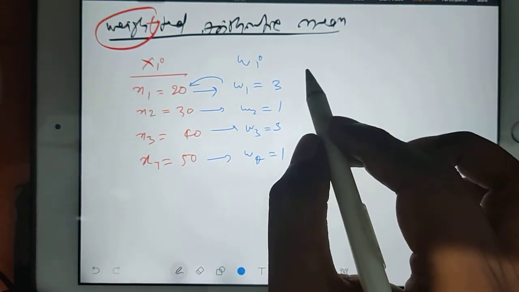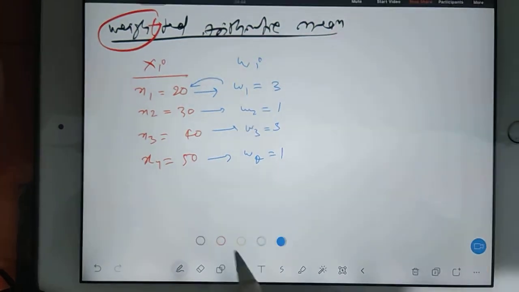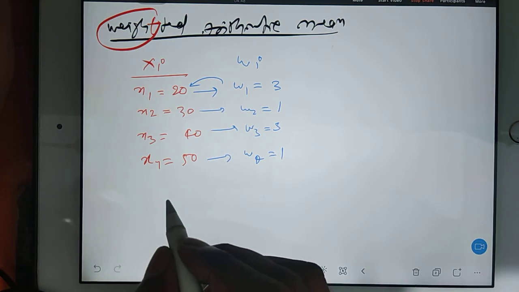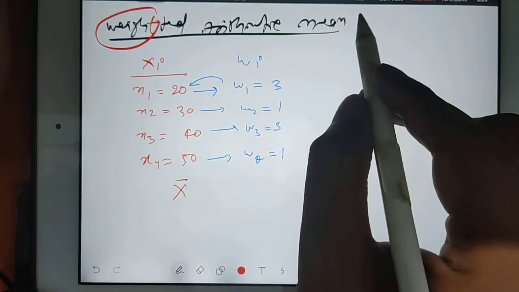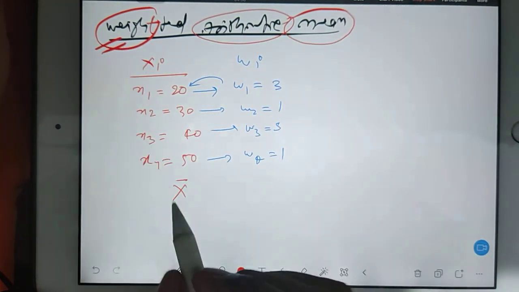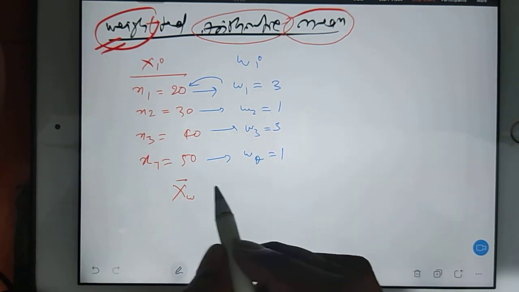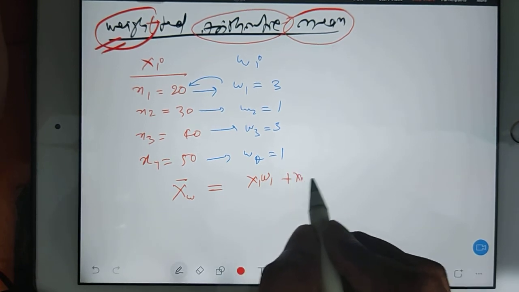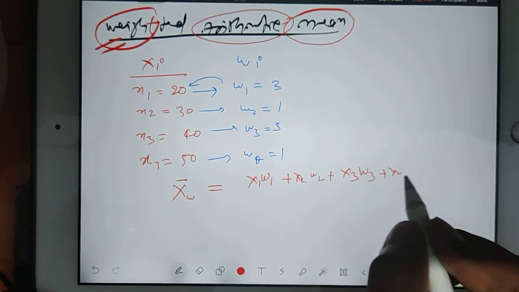Now I want to calculate the weighted mean. So what will I do? I will use the formula. In this case, we should use symbol x bar, but x bar represents arithmetic mean. Because this is weighted, put a small w here so it will show that we are finding the weighted mean. So you have to find x1w1 plus x2w2 plus x3w3 plus x4w4.